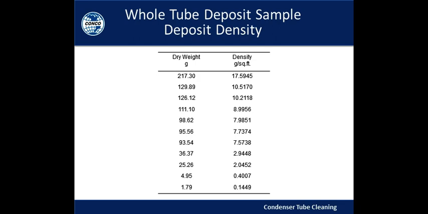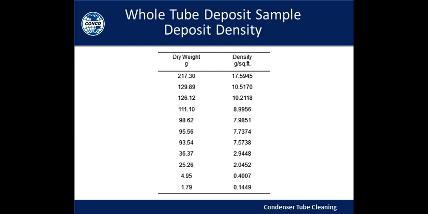So now the challenge is to organize for cleaning with a technology that will remove deposits as light as 1.79 grams and as heavy as 217 grams in each and every tube. The first slide I showed you earlier showed that deposits don't form evenly on the tube's surface. This second slide shows that deposits don't form evenly throughout the condenser.